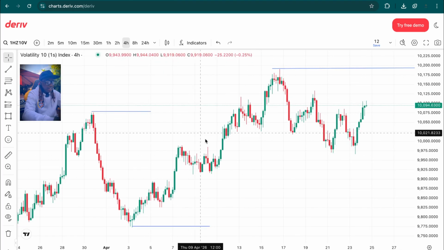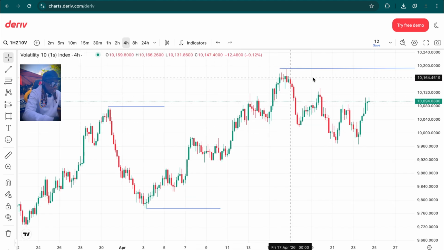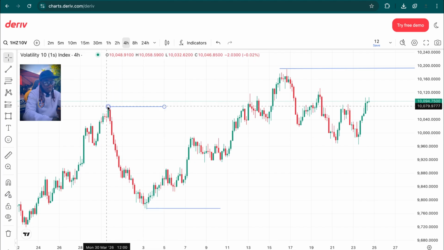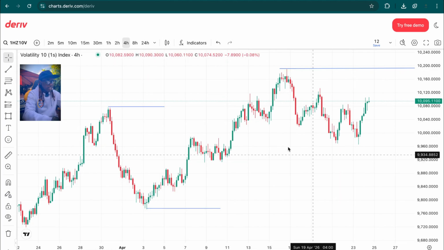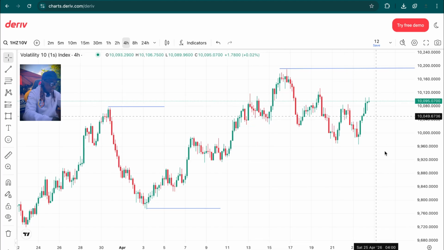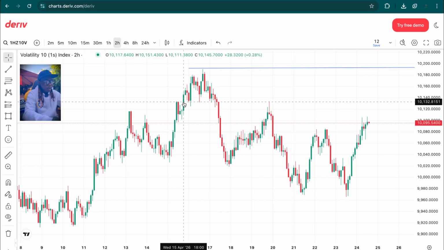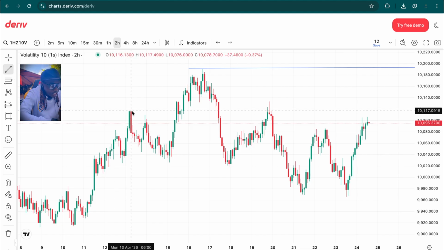And in our 4 hours time frame, you can see we are in a bullish trend because we have our higher high, higher low, and also our high. So right now I'm interested in what is happening in this area, which is my internal structure. So I'll go down to my 2 hours, and now in 2 hours I have something different because I can see I had a very clear change of structure.